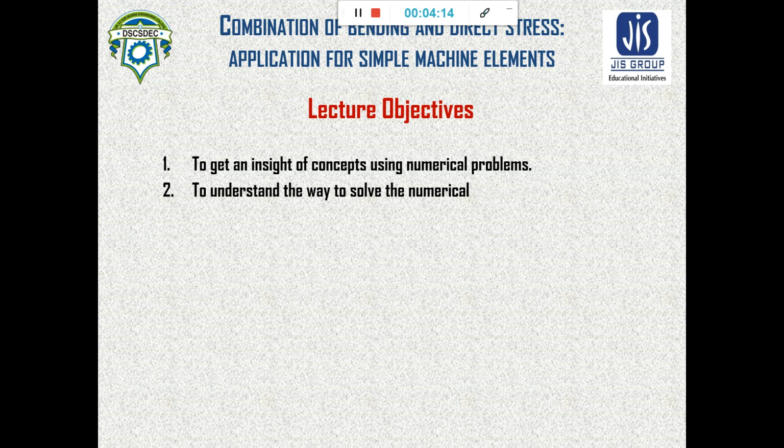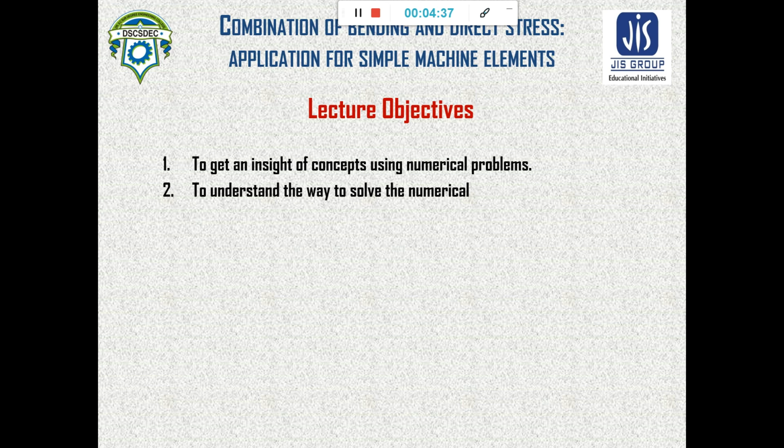So let's start. First I will give you a general idea by which you can solve for any machine component. It may be a drill frame, a bench vise, a C clamp, or an offset link.